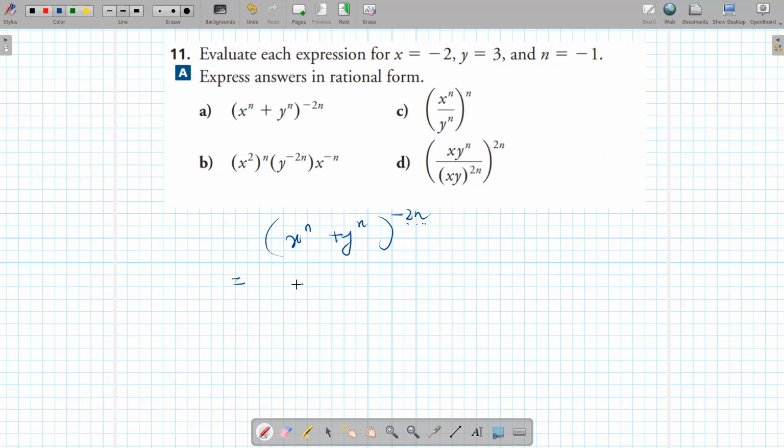Anyways, so this one, we're going to straight up plug and chug. x is -2, n is -1, y is 3. So (-2)^(-1) plus 3^(-1), everything to the power of -2 times n, which is -1. There we go. Now here you have to be careful. What is -2 to the power of -1? What does this evaluate to?